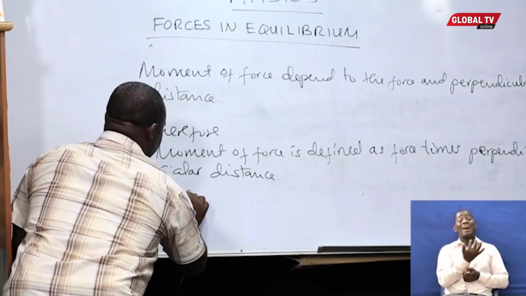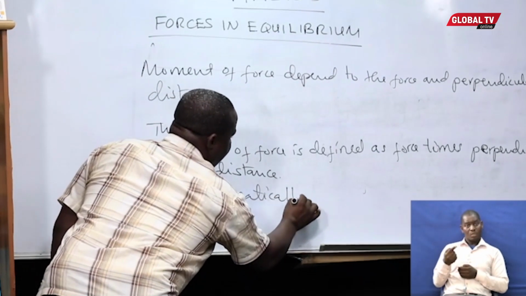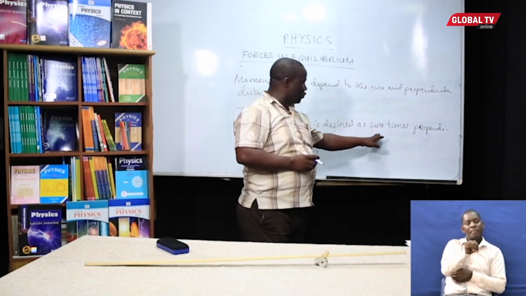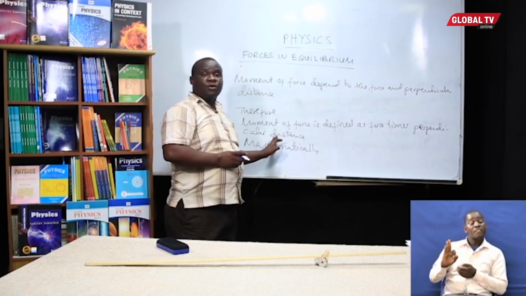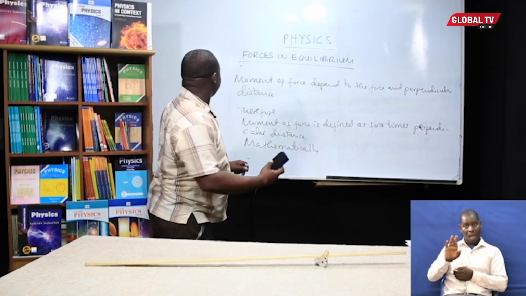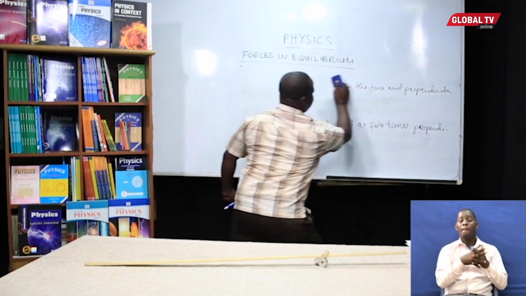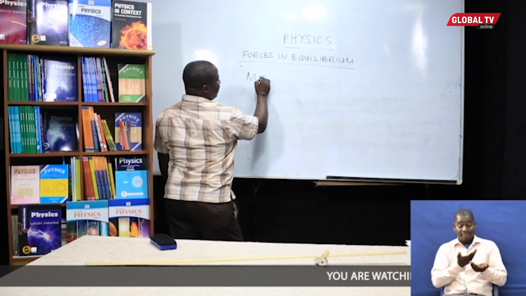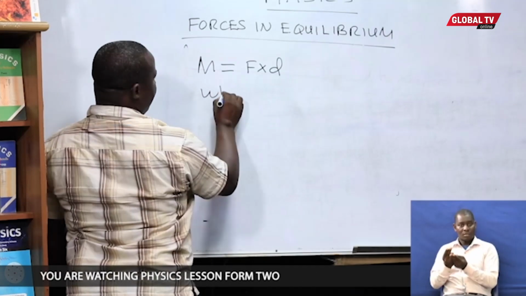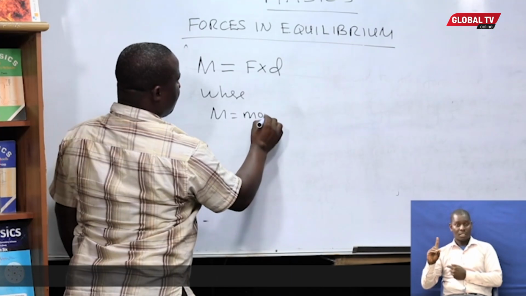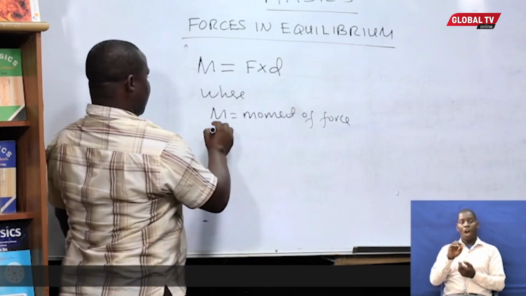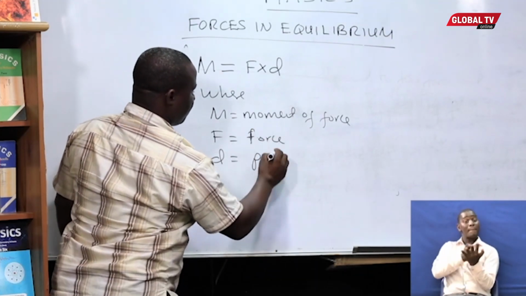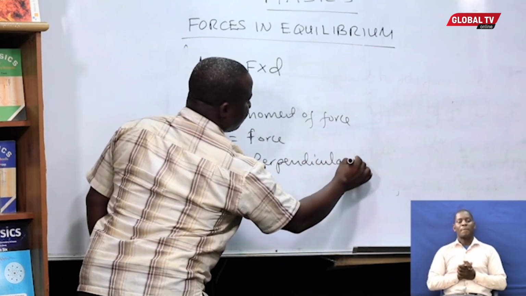Mathematically, this can be represented as follows: if you wish to assign moment of force the symbol M, force the symbol F, and perpendicular distance the symbol D, we can write it as moment of force M equals force times perpendicular distance, where M is the moment of force, F equals force, and D equals perpendicular distance.